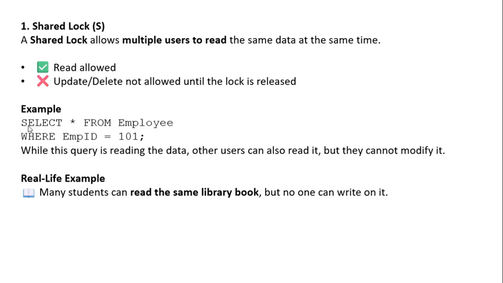An example: SELECT * FROM employee WHERE employee_id = 101; While this query is reading the data, other users can also read it, but they cannot modify it. A real life example: many students can read the same library book, but no one can write on it.